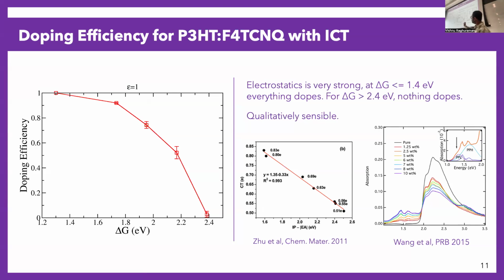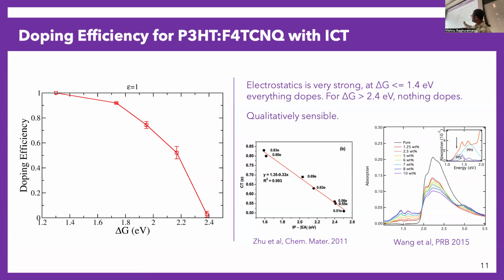That's an encouraging charge transfer energy range, which has been observed previously as well in a first principle study. And in a spectroscopy study of P3HT, they found peaks at about 1.3 eV and 1.6 eV for integer charge transfer. So that's an encouraging sign that we're seeing something that qualitatively makes sense.